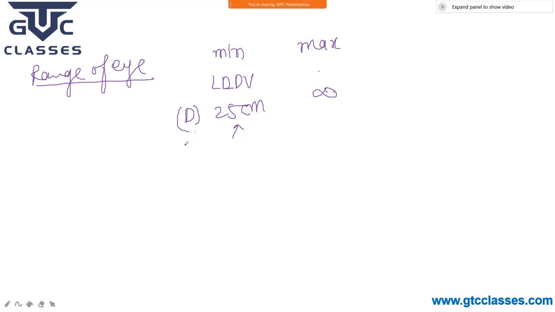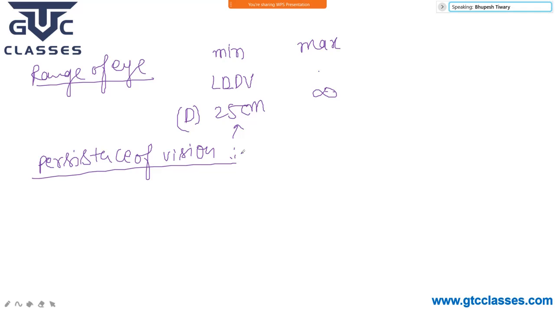Now the next thing that we would like to understand is called persistence of vision. Any thought? What is the meaning of persistence of vision? Persistence meaning is like, let's say you saw some figure, and you saw another figure.